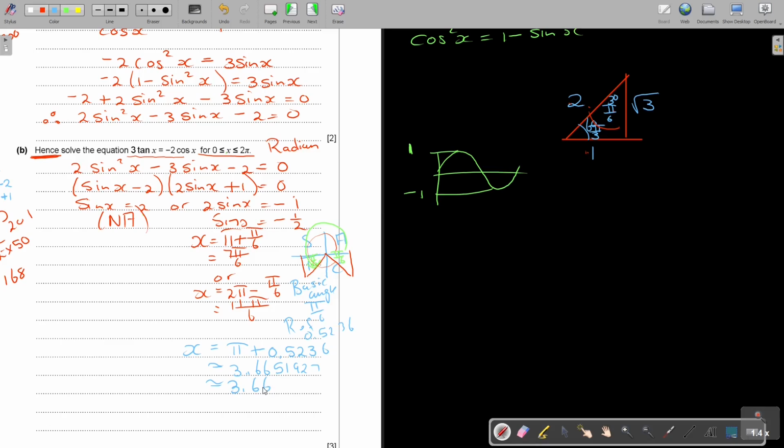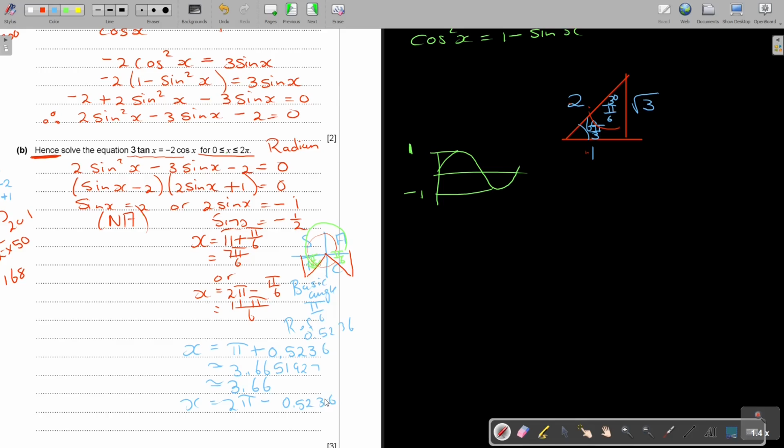3.66. And then the other one would be 2 pi minus 0.5236.